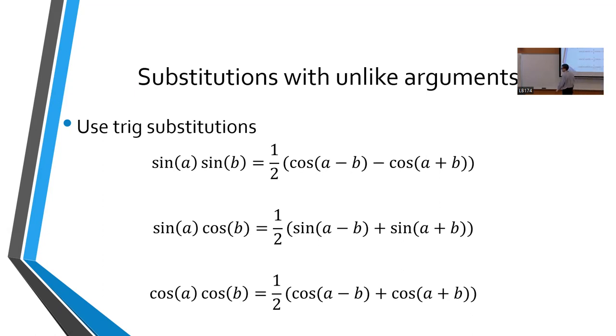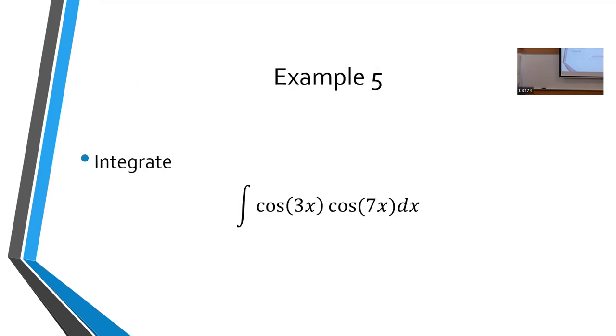So now let's apply this identity to what we just asked. If I have cosine of 3x times cosine of 7x, and I want to integrate that with respect to x, what am I gonna do?